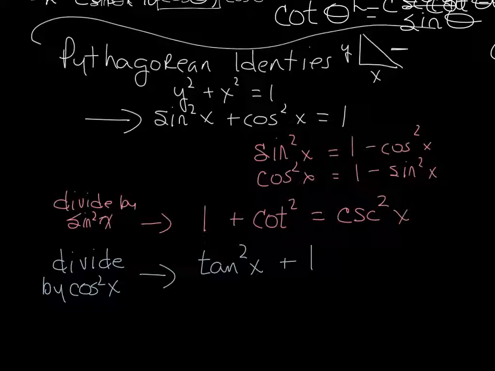Anything divided by itself is 1. And 1 divided by cosine squared is secant squared.